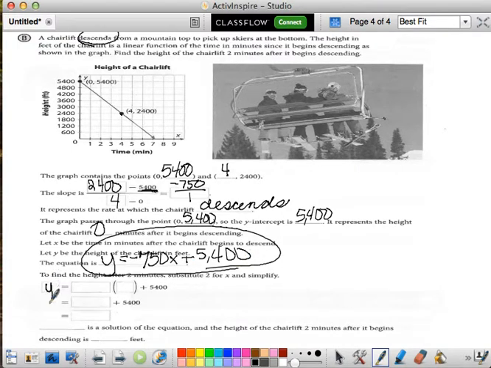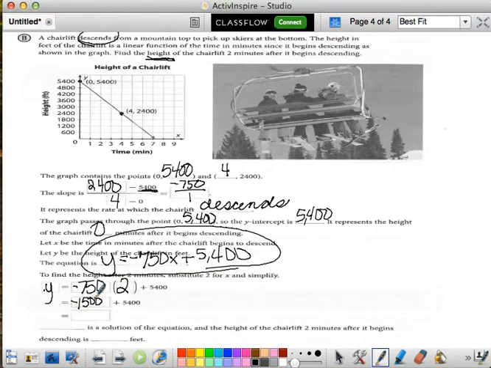Now I want to find the height, so I'm looking for y, which is equal to negative 750, my slope. That doesn't change. But I'm looking for how high it is in 2 minutes, so I'm going to plug in 2 for x, since x represents my time. Here I get negative 1,500.